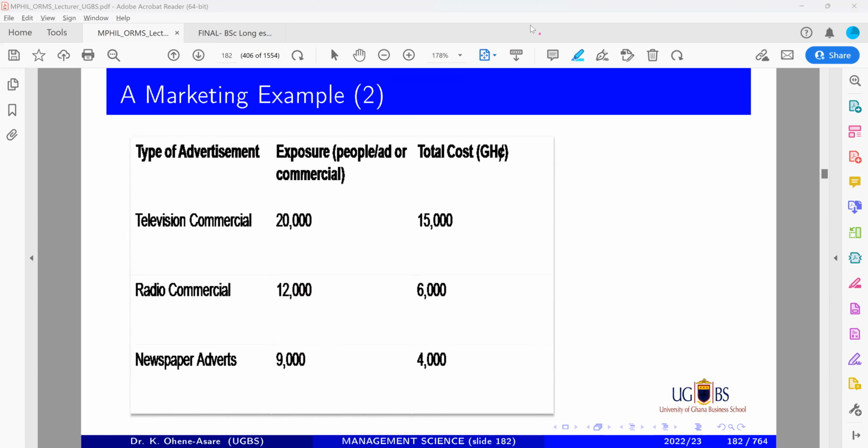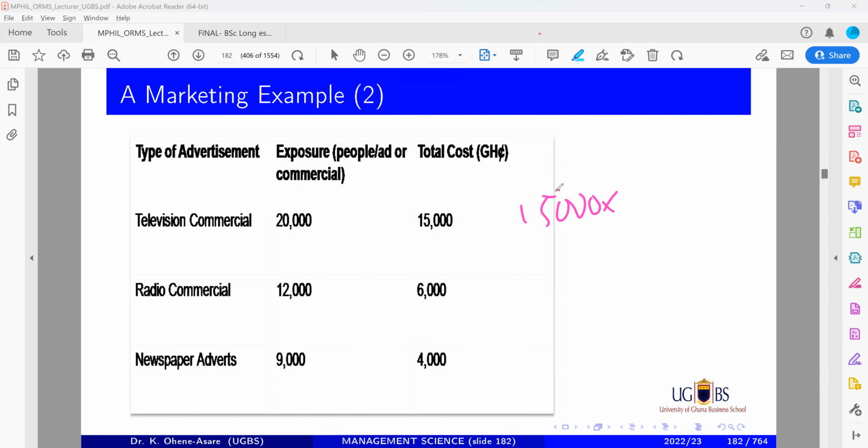That is not quite true. So let's start with another person. Princess. Since it's a budget and budget talks about cost, I think we'll use the total cost for each. So then the constraint will be 15,000 X1 plus 6,000 X2 plus 4,000 X3.